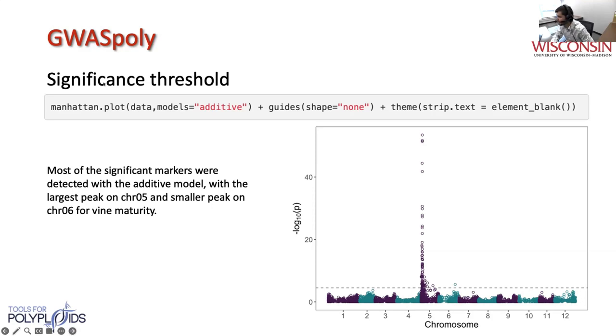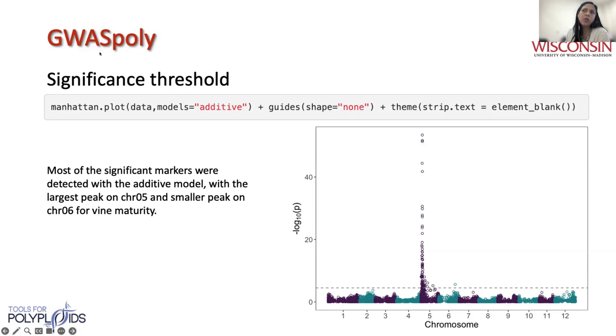She's asking what other phenotypic data formats you can use, for example, classes or binomial presence or absence. Yes, you can use binary traits and you can use quantitative traits. It will work for both.